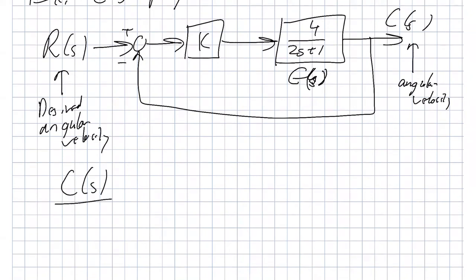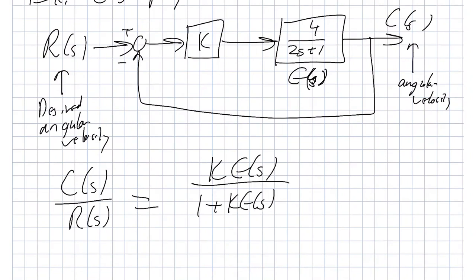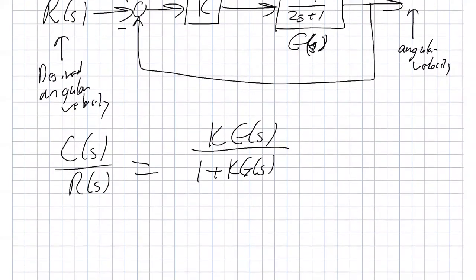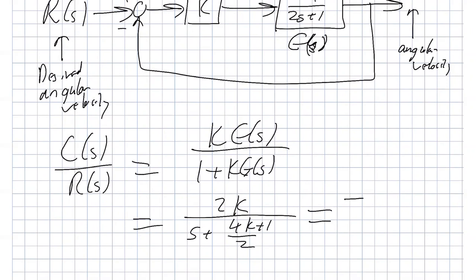So we've got C of S divided by R of S is equal to K G of S over 1 plus K G of S. We plug values in and do just a little bit of simplification, and we end up with 2K over S plus (4K plus 1) divided by 2. And this is equal to T of S, our closed loop transfer function.